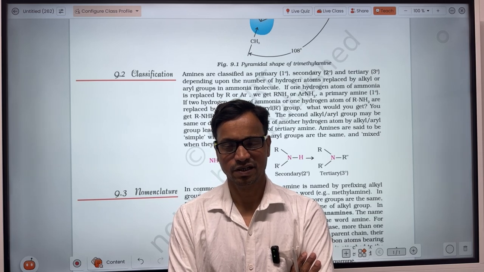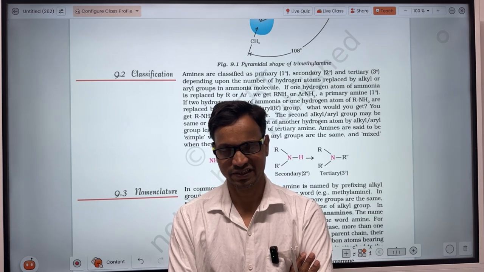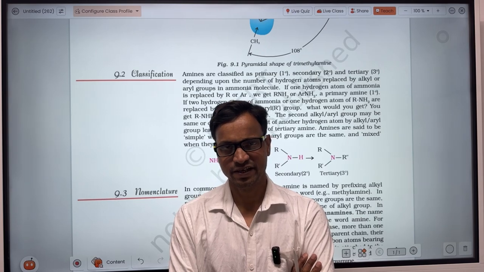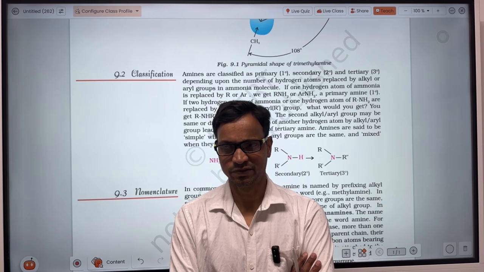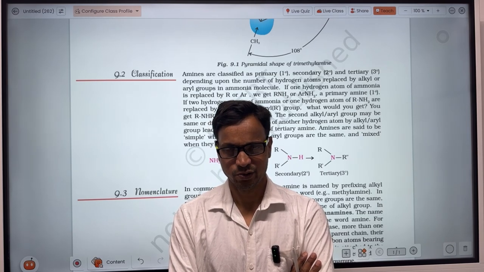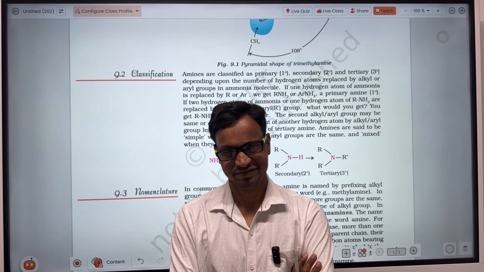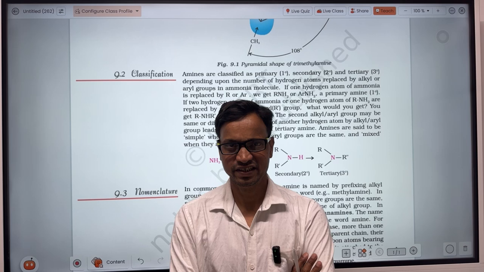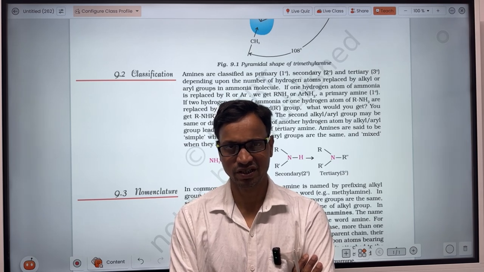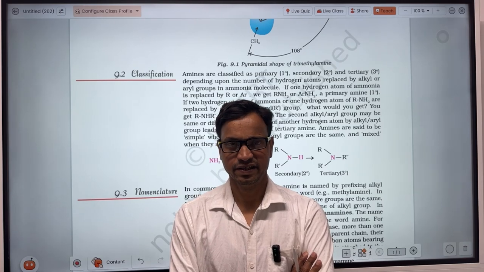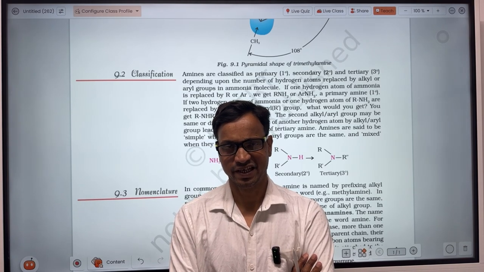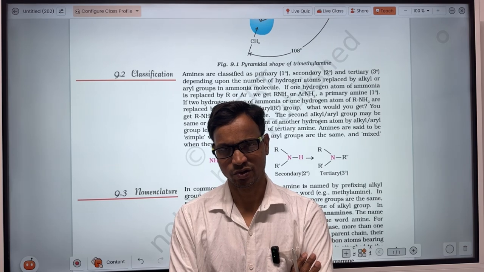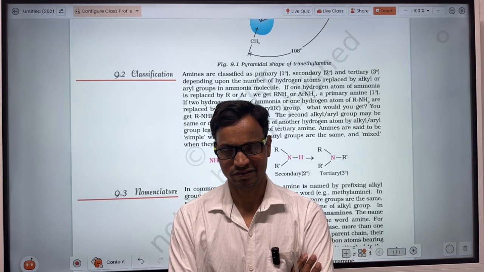When bonded to a secondary carbon atom, it is a 2 degree haloalkane or alcohol. When bonded to a 3 degree carbon atom, we called them 3 degree haloalkane or 3 degree alcohol.